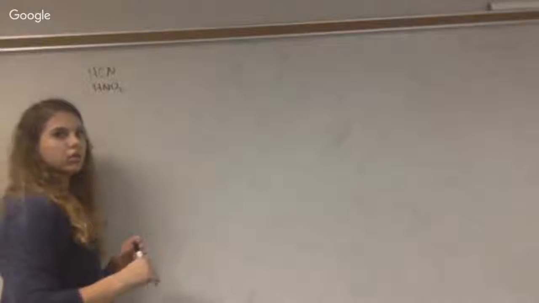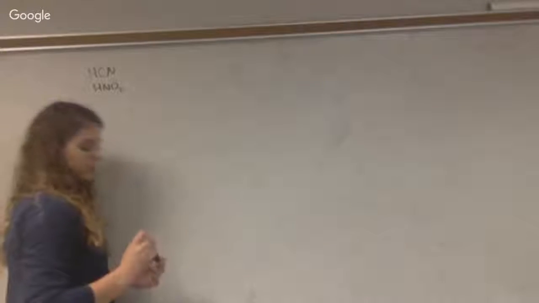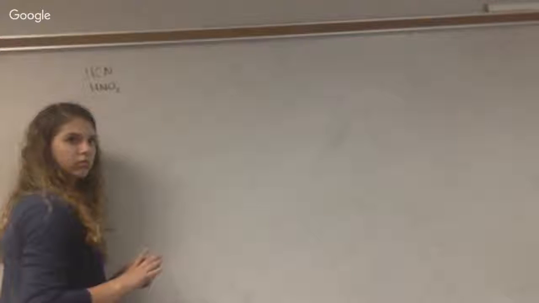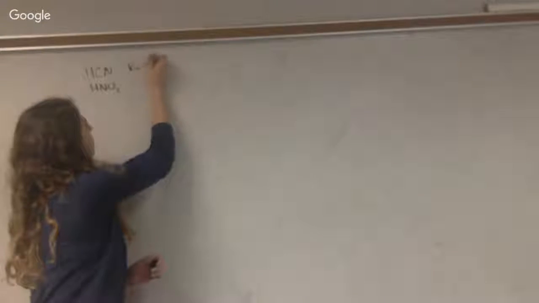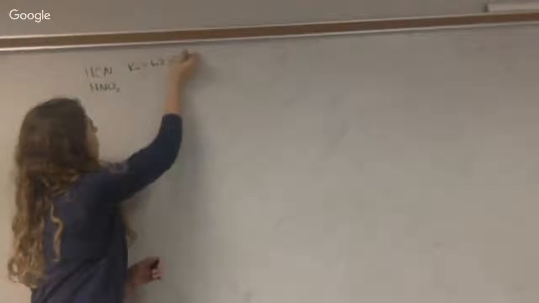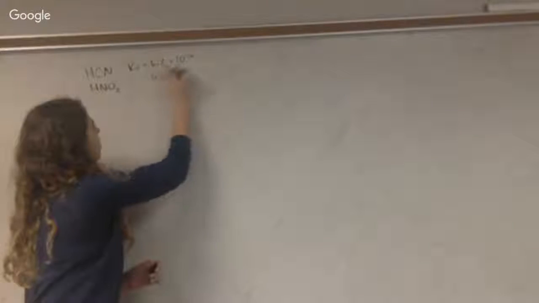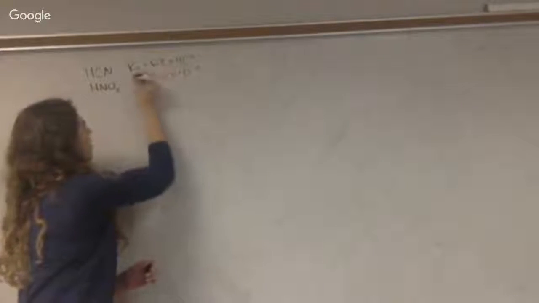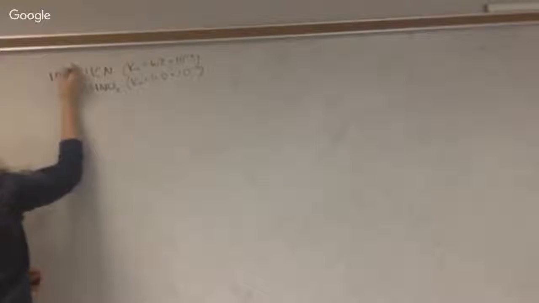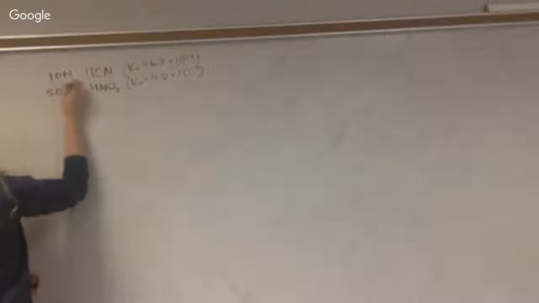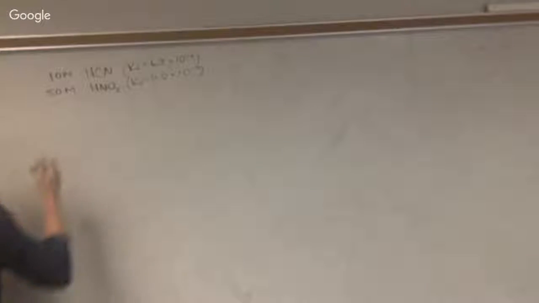The Ka for HCN is 6.2 times 10 to the negative 10, and the Ka for HNO2 is 4.0 times 10 to the negative 4. You're given 1 molar of HCN, and you're given 5 molar of HNO2. And they ask you, what is the pH of this mixture?